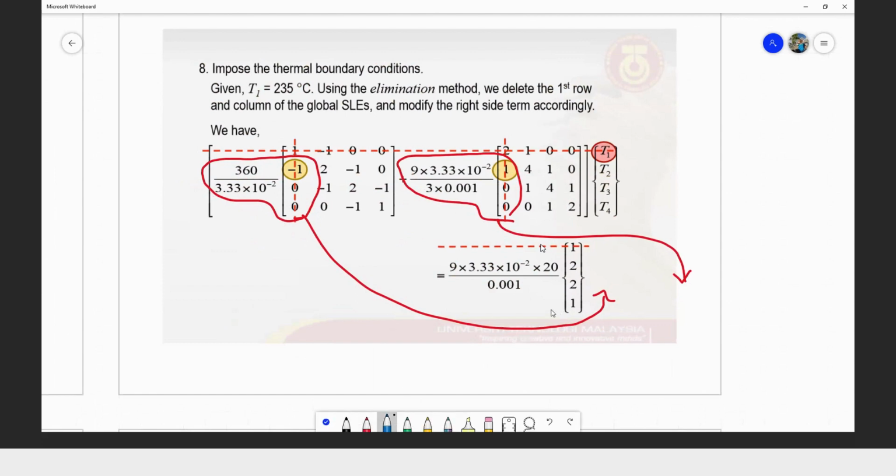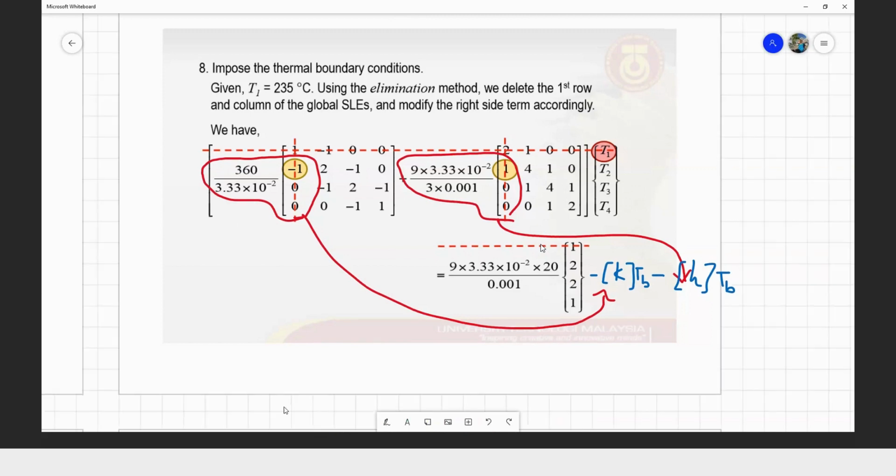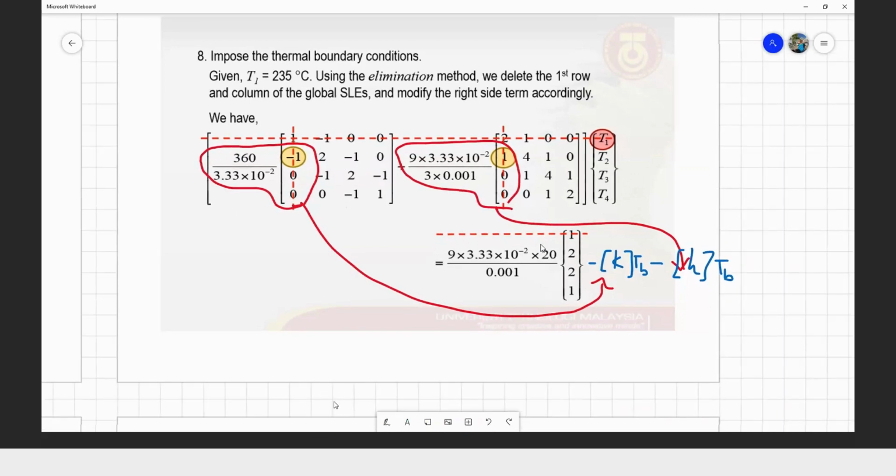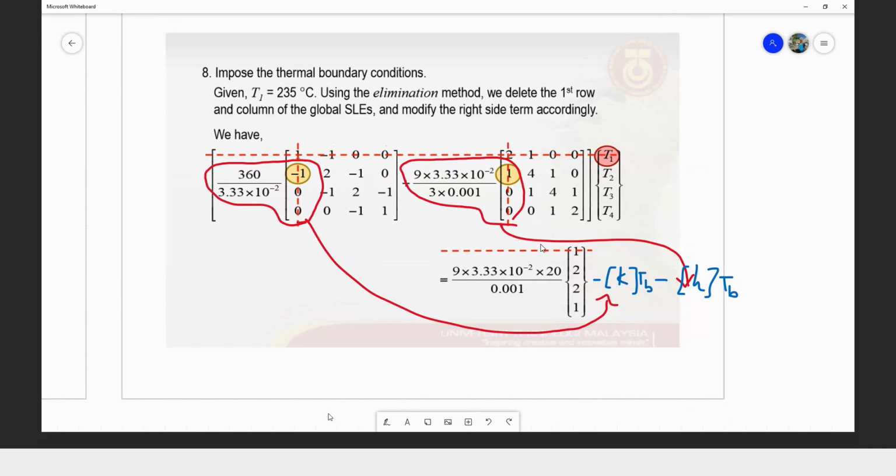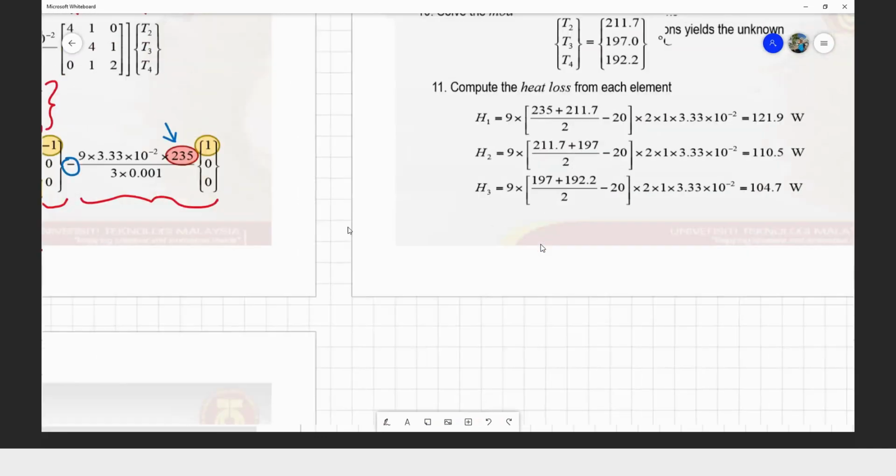Tapi kita deduct it from the K and H component, and then we multiply it by T base. So kita ada T base kat sini, which is something like that lah. So this is the treatment due to the known boundary conditions.